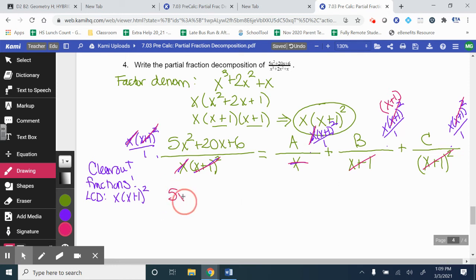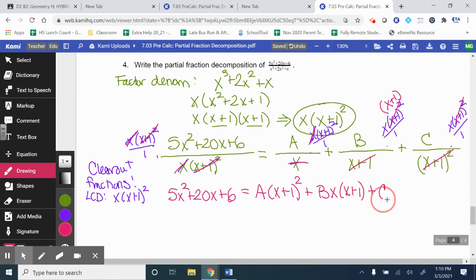So now I have 5x squared plus 20x plus 6 equals A times the quantity x plus 1 squared plus Bx times the quantity x plus 1 plus C, and we have just an x left there. All right, so hopefully that matches up with what you got.